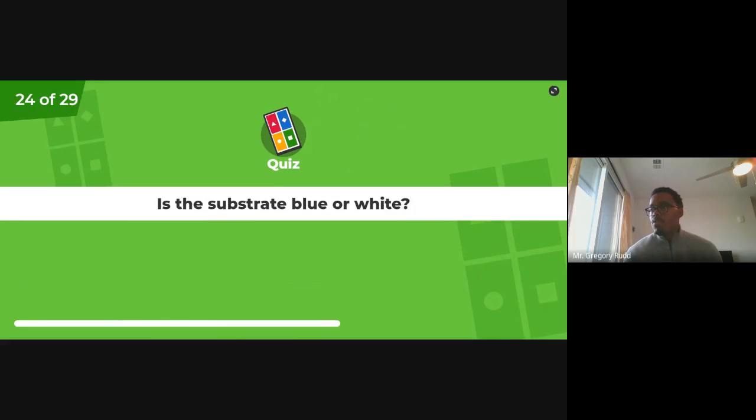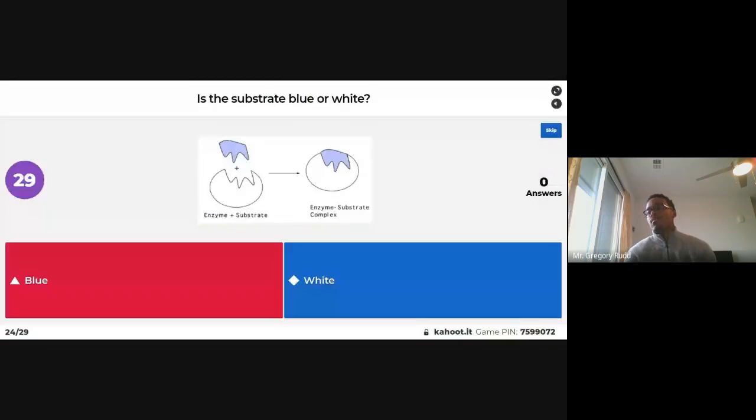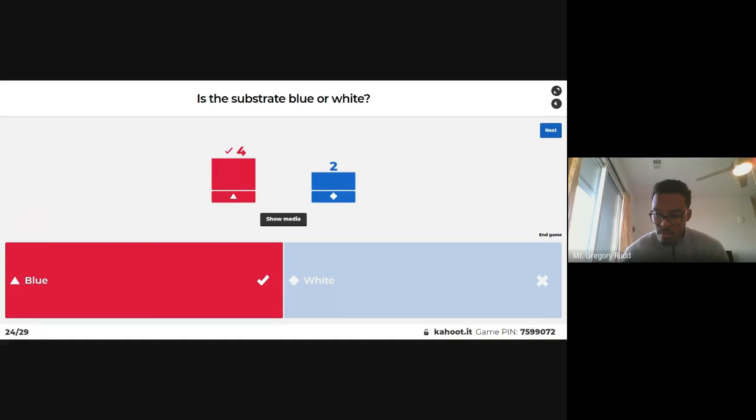Is the substrate blue or white in this image? Good.